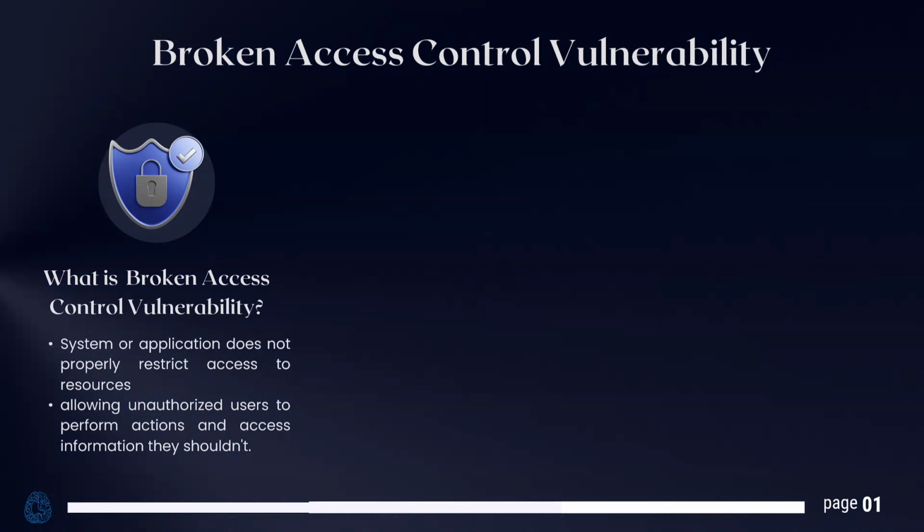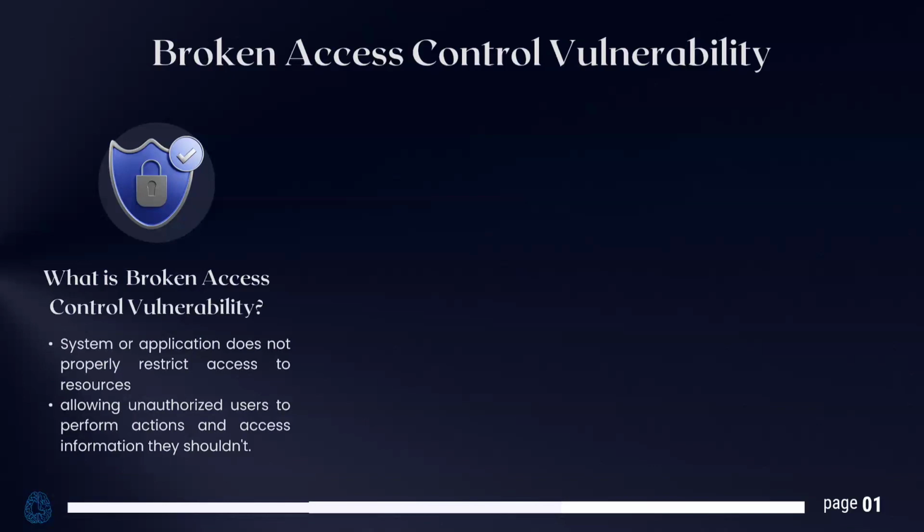And what the actual definition says is that broken access control vulnerability is a type of security flaw that allows an unauthorized user access to restricted resources. By exploiting this vulnerability, an attacker can bypass the standard security procedure and gain unauthorized access to sensitive information in the system. Let's take an example of Spotify, which is a music listening platform.